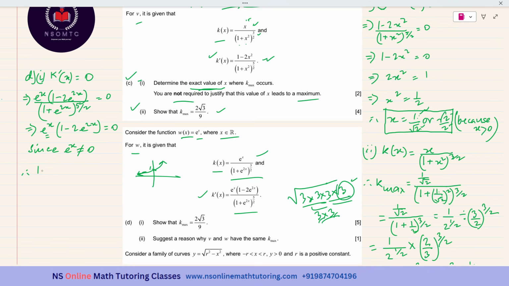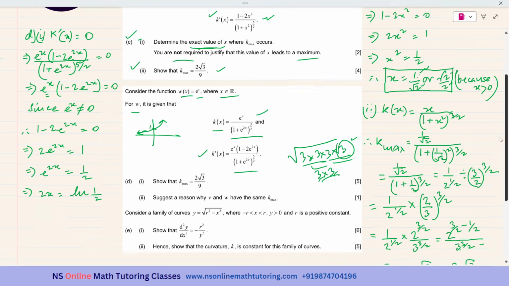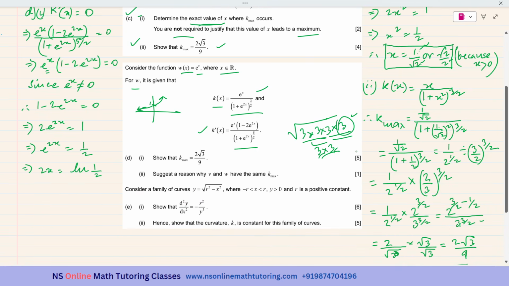Therefore, 1 minus 2e^(2x) is equal to 0, implies 2e^(2x) is equal to 1, or e^(2x) is equal to half. Taking ln of both sides, 2x is equal to ln of half, and it is carrying 5 marks.